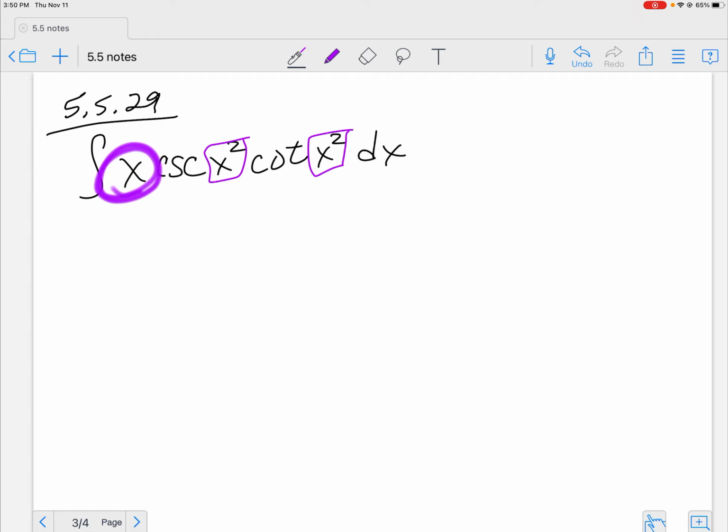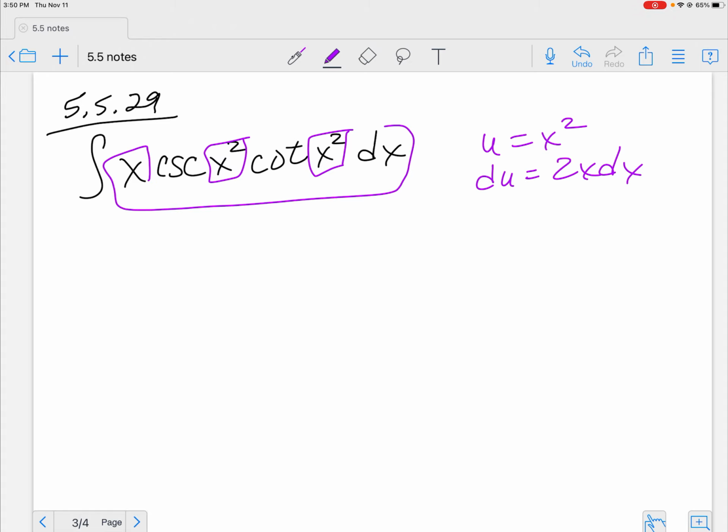I've got this extra x hanging out, but no problem because it's 1 degree less. So if u here is x squared, du is 2x dx. If I've got this x dx that I'm subbing out, I've got to get rid of that 2. Dividing both sides by 2, let me write that out since we're still learning.